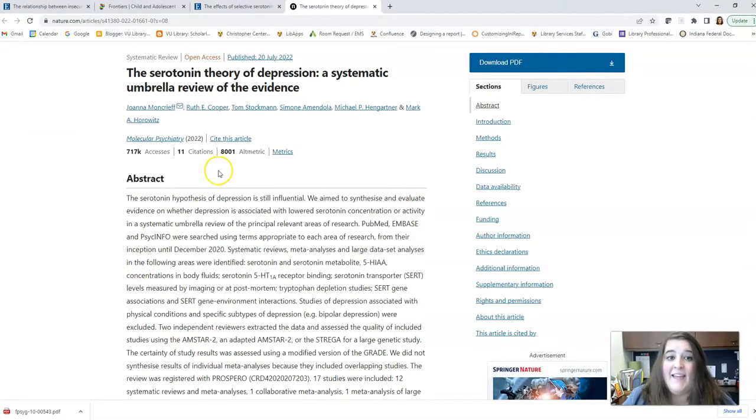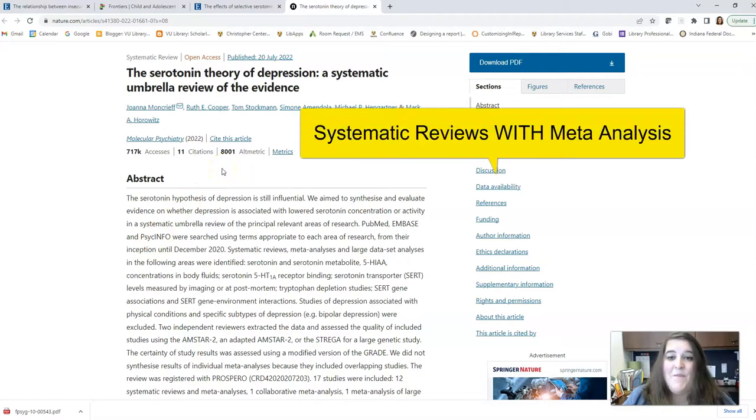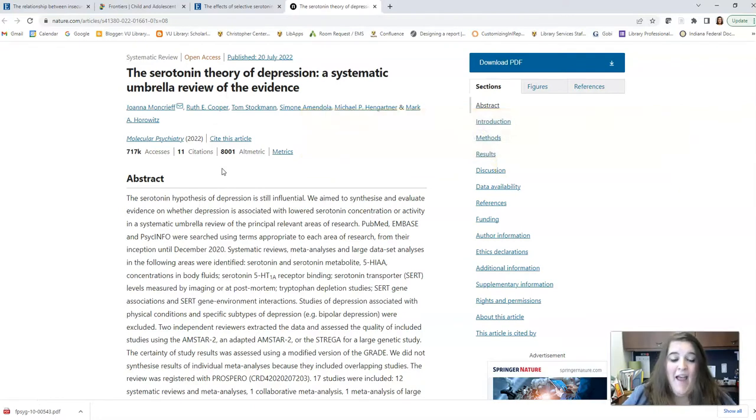And then lastly, these systematic reviews, because they're so systematic and they're pulling such similar data, they can even go a step further and provide what's called a meta-analysis. And as I mentioned in the last one, as you can see, it has this method, results, discussion, data availability. It's not performing, like I mentioned, it's not performing primary research.